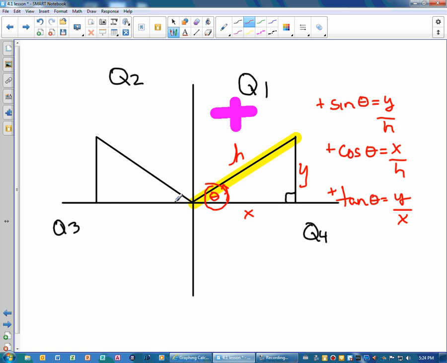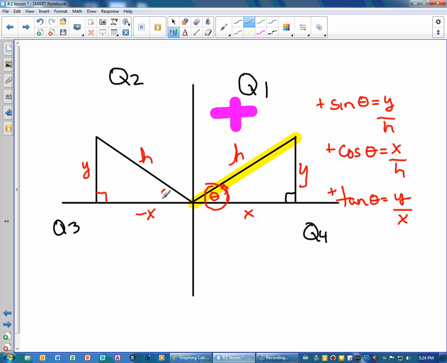All right, so let's talk about quadrant 2. This measurement from here to here, I'm on the x-axis, but in the negative x-axis, so we're going to call it negative x. This measurement here is above the x-axis, so it's still positive y, and this is still my hypotenuse. This will be a right angle because I've taken this line and extended straight down.